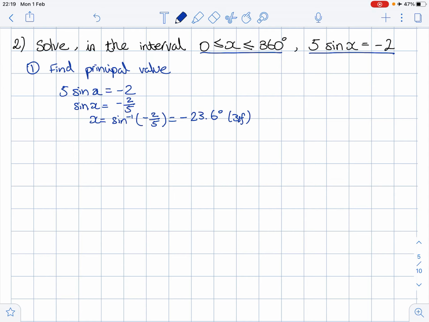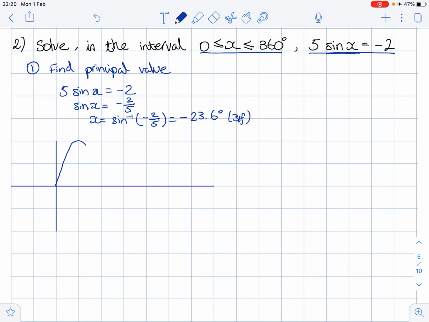So I prefer to use method 2. I think that's the easiest way. As we're looking at sine, I'm going to sketch my sine curve. Since this is minus, I'm just going to sketch the negative part as well.